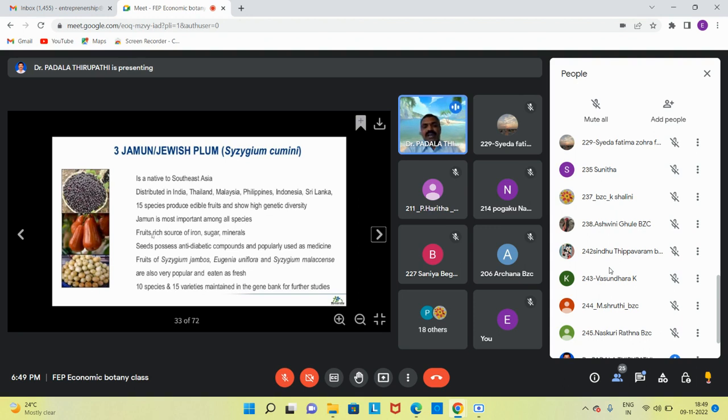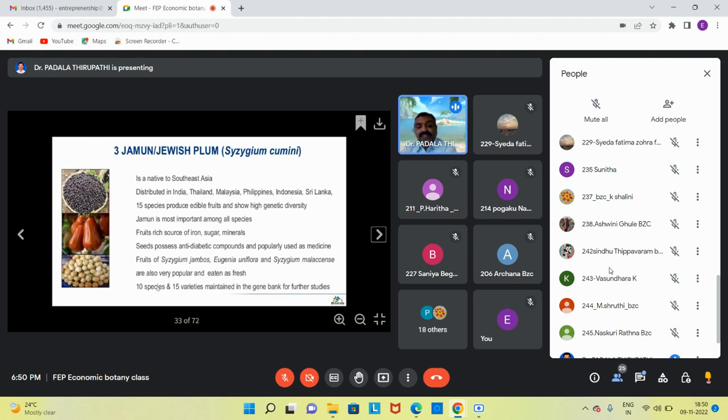The fruits are a rich source of iron, sugar and minerals. We know that. And the seeds possess anti-diabetic compounds and are popularly used in medicine. Fruits of Syzygium jambos, Eugenia uniflora and Syzygium malaccense are also very popular eaten fresh.